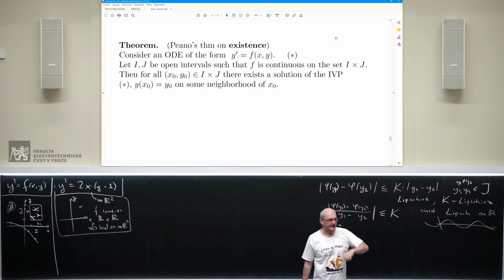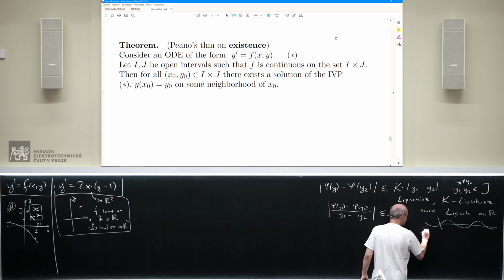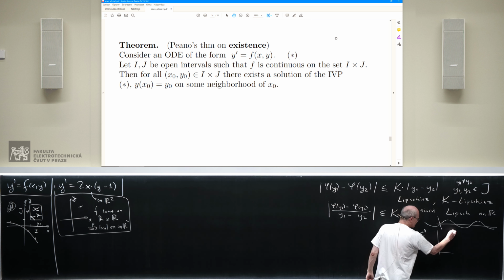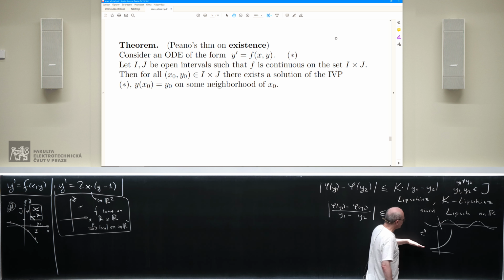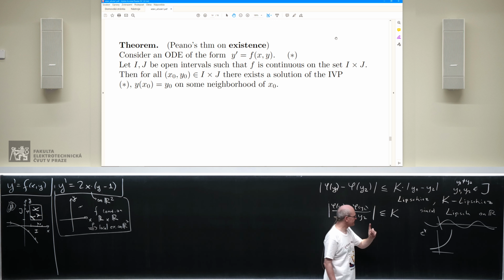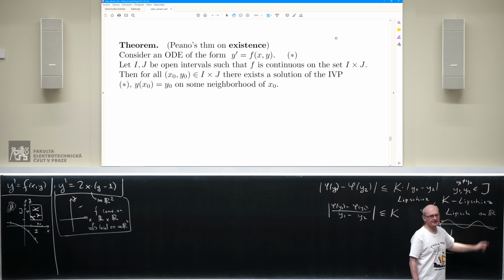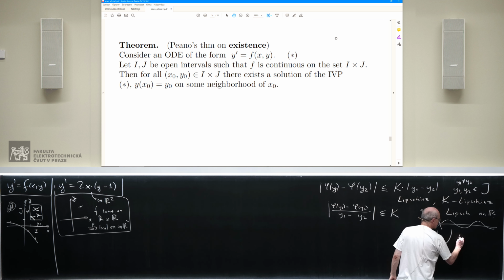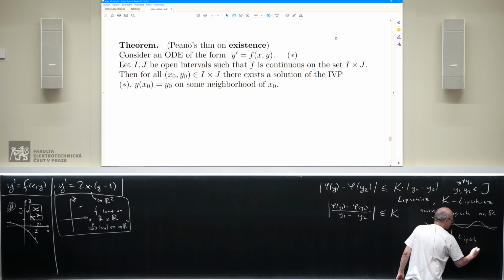How about e to x? That's a good question, because e to x, as we know, it bends upwards, it's concave up, and therefore when you are putting the connecting lines, you can imagine that they can be as large as possible. So the exponential function is definitely not Lipschitz if I look at it on the whole real line, but it is Lipschitz on any interval of the form negative infinity to k.